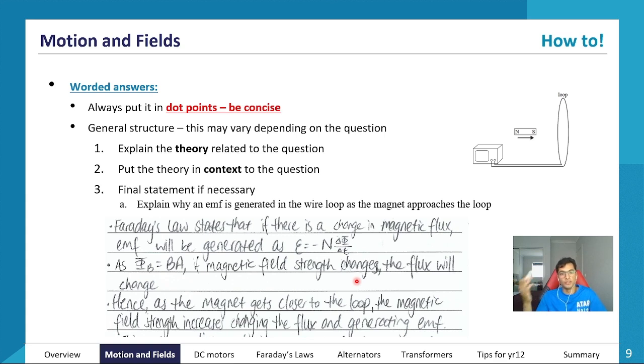You may have experienced this yourself, when you're writing a sentence for your answer, near the end, you start contradicting yourself and canceling out what you've said before. And then if your assessor is marking this, they'll be pretty confused about what's happening. So to avoid any confusion with yourself and any confusion with the teacher, make sure you write your answers in dot points.